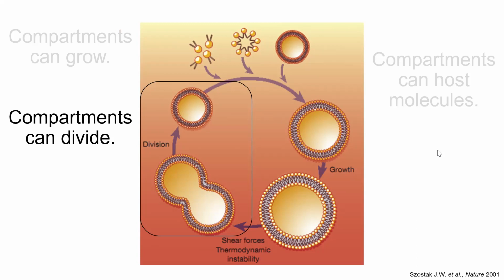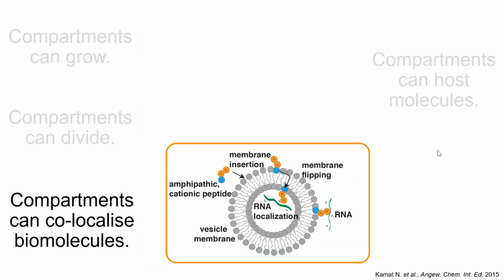Here again, this looks very complex. That was developed by the Shostak lab. Basically, they put some positive charges on the membrane so that they could interact with RNA that is negatively charged. This shows that compartments can also be used to localize molecules on their surface and not only host molecules within them.